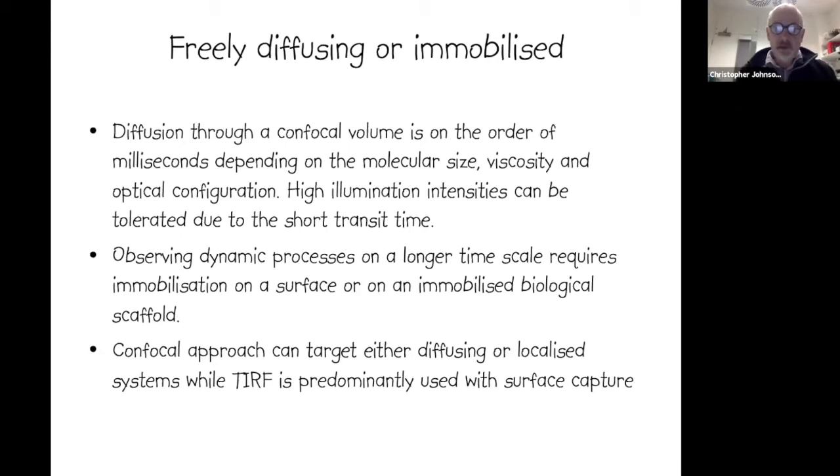So for this reason, we can use very high illumination intensities, because photobleaching may not occur over this very short time scale of a few milliseconds, but the transit time through the confocal volume is very short.